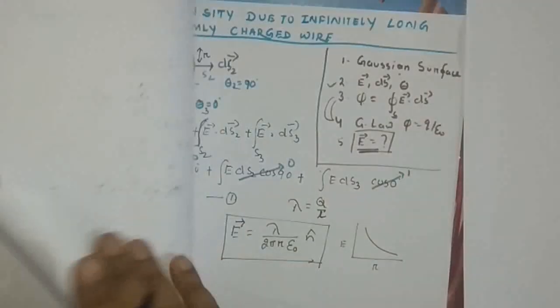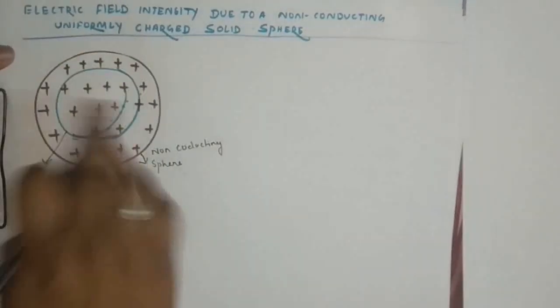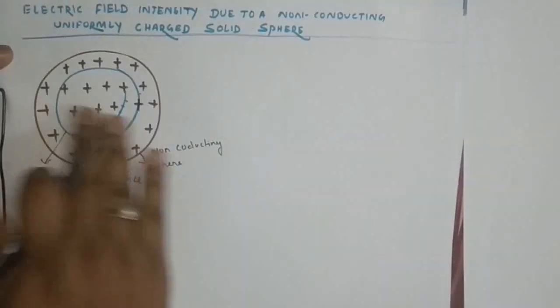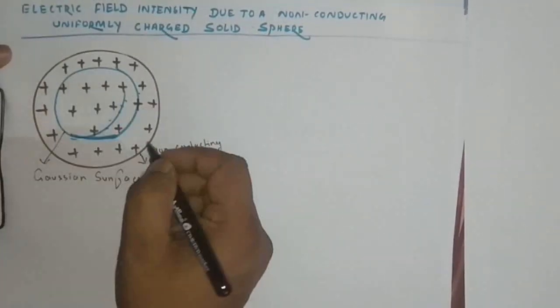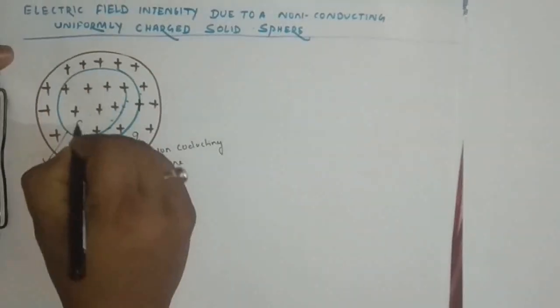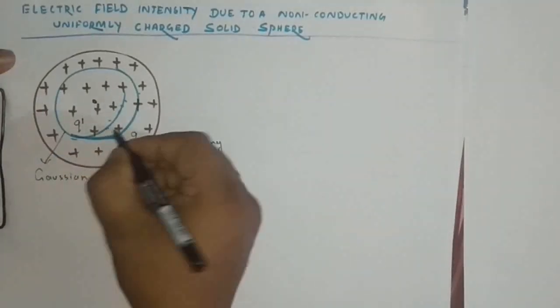First, what I told: Gaussian surface, then E ds cos theta. Before that, here I have to do one extra thing. What is that? The total charge outside and the charge inside. I cannot tell that in this case for the Gaussian surface. If I write here charge is Q for total, inside I will write Q prime. Let this be the center.